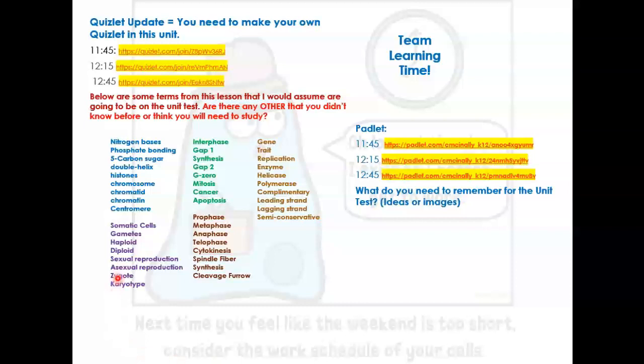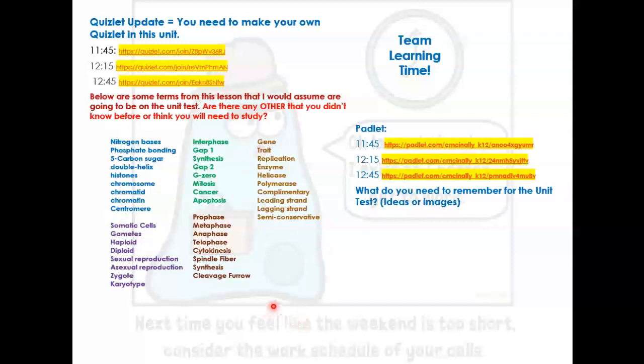Just an update, I have been keeping a running list of the vocabulary terms that we've covered so far. I am not saying that these are going to be something you have to know the definition of for the test, but when I put a term on this list, it's important that you understand how these terms all work together.